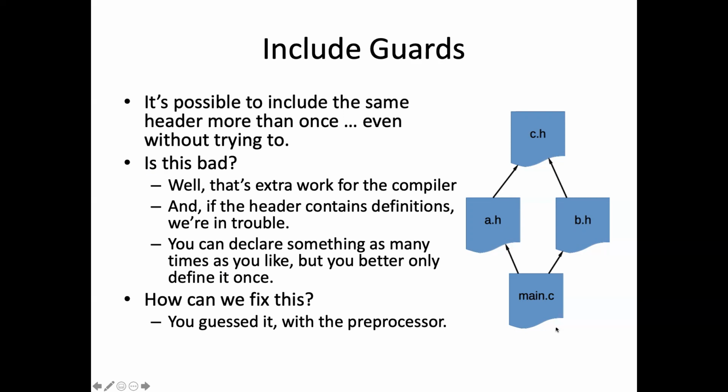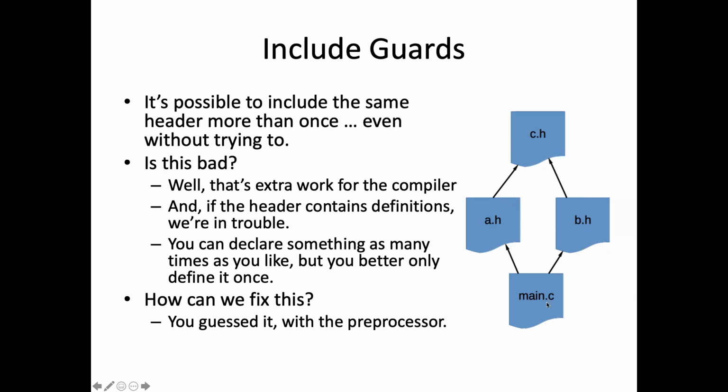Let's say you've got a file like main, and it includes a.h and b.h, maybe 2 other headers that you wrote. And a.h might use some other header, and maybe b.h also needs that header. Maybe these 2 need some types that are defined in c.h. So they both include it. Problem is, when you compile main, this header is going to get included twice.